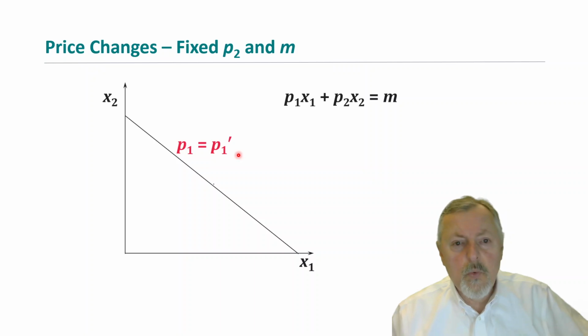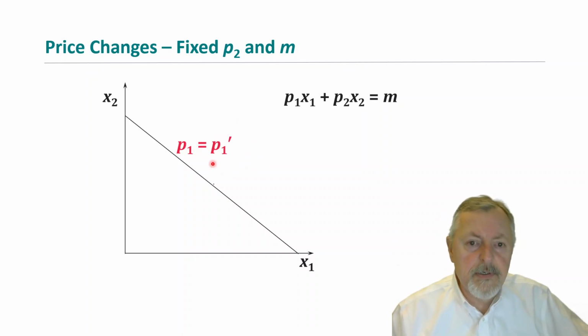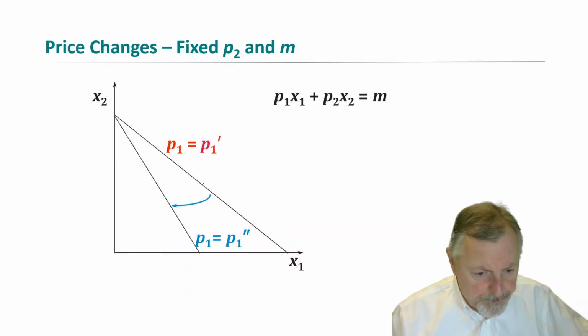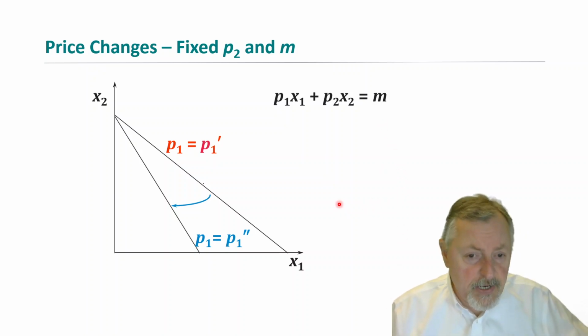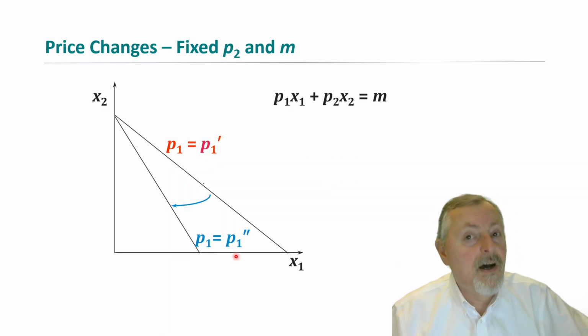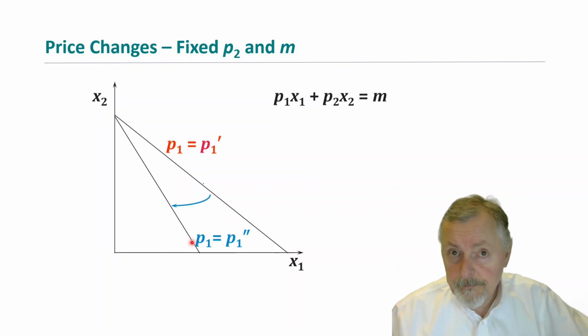Let's start with commodity 1 having this particular price, P1 prime, which generates this budget constraint. Now, what happens if that price changes? If the price goes from P1 prime to P1 double prime, the price goes up, then the budget constraint will swing inwards.